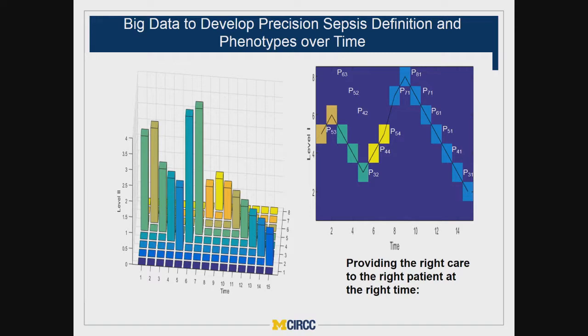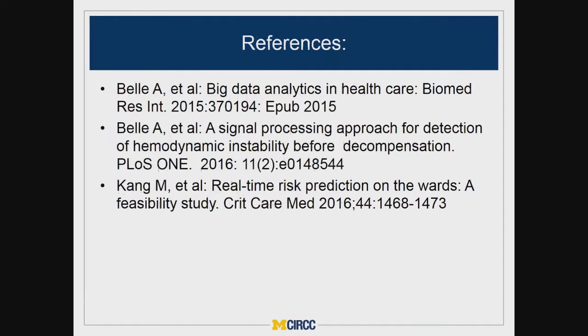So going back to this whole concept of precision medicine, this is a perfect opportunity to use big data analytics to really ferret out what type of sepsis you have. If there are several phenotypes of sepsis, those phenotypes are likely to respond to different treatments. And so again, right care for the right patient at the right time, probably a good use for big data.